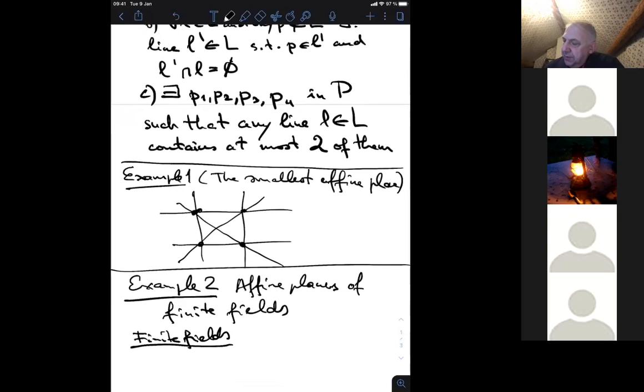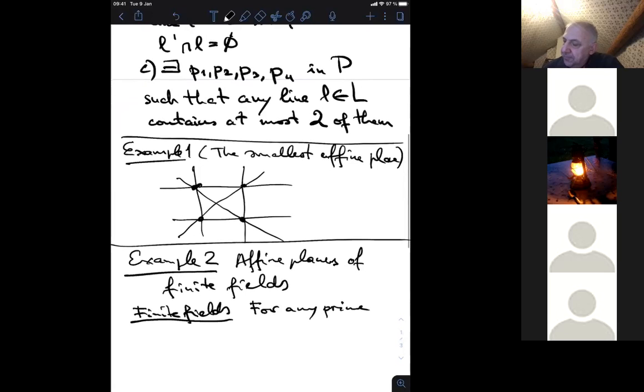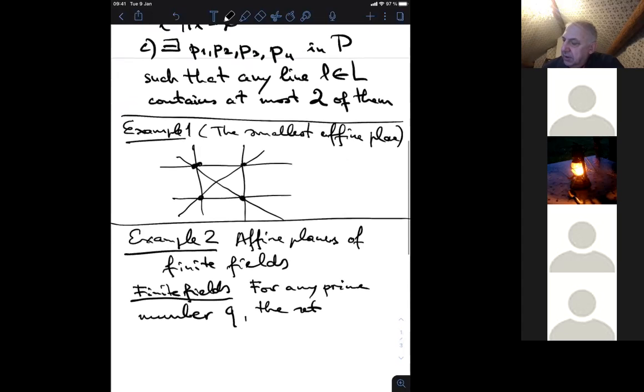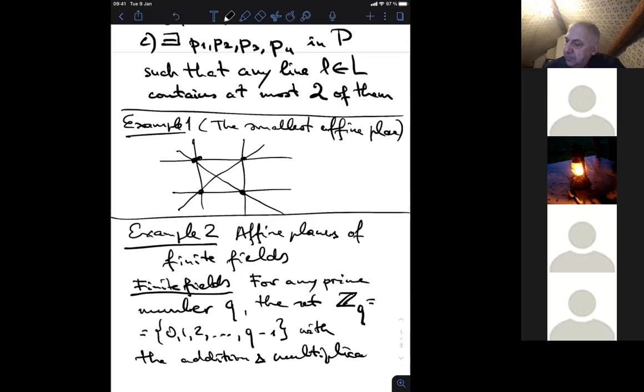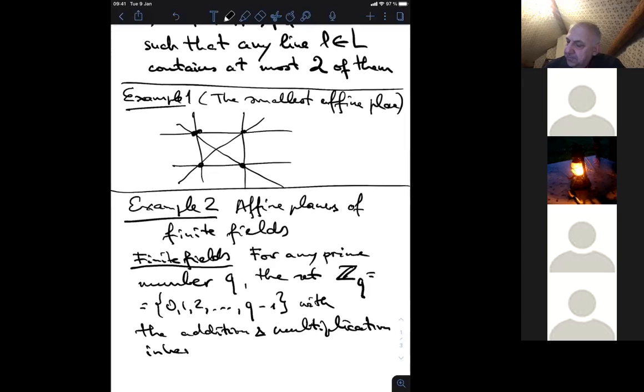For any, say, prime number q, the set Z mod q, which you hopefully know what this thing is, contains the numbers 1, 2, 3, and so on to q minus 1, with the addition and multiplication inherited from Z, is a field.